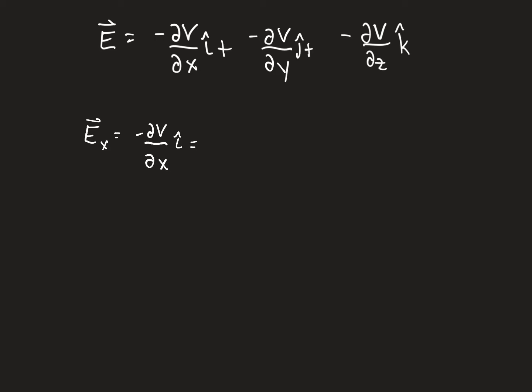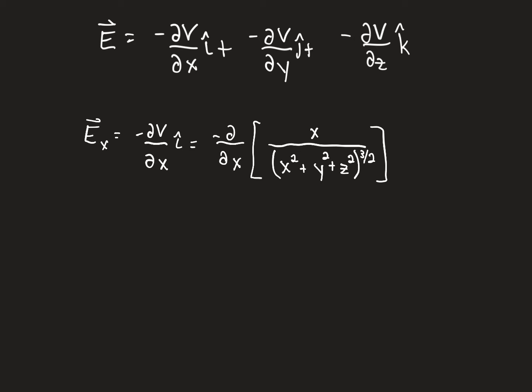So we have a negative partial with respect to x of this nasty, disgusting looking thing: x divided by x squared plus y squared plus z squared, all raised to the 3/2. That looks like a pain in the butt.